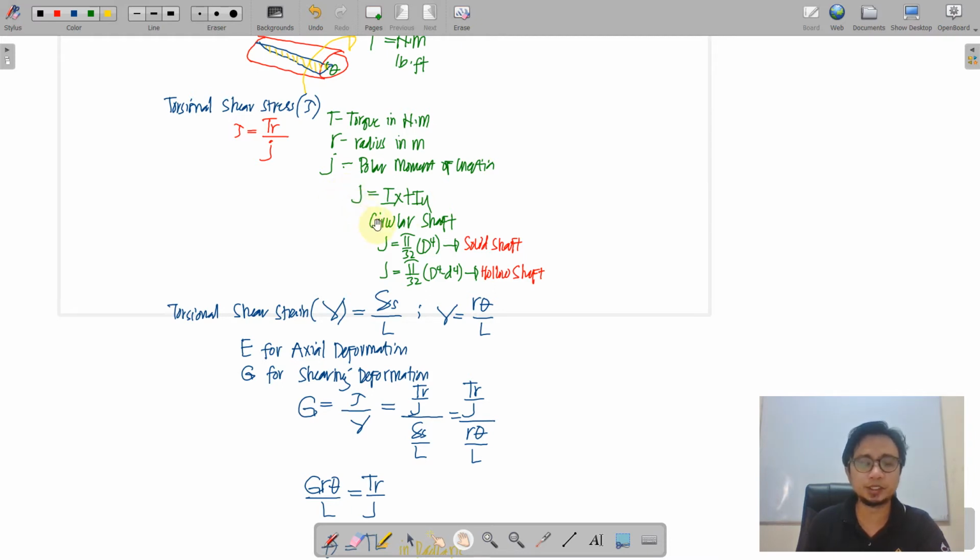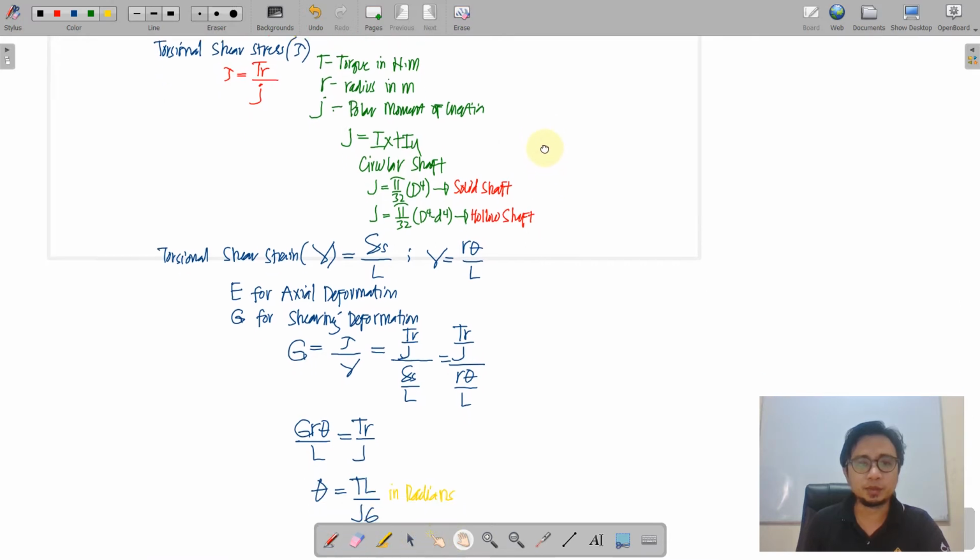So it is just the sum of IX and IY. But most of the problems on a shaft involve a circular one, so we are going to have the formula J equal to pi all over 32 d raised to 4 for a solid shaft, and J equal to pi all over 32 times d raised to 4 minus the inside diameter raised to 4 for the hollow shaft.